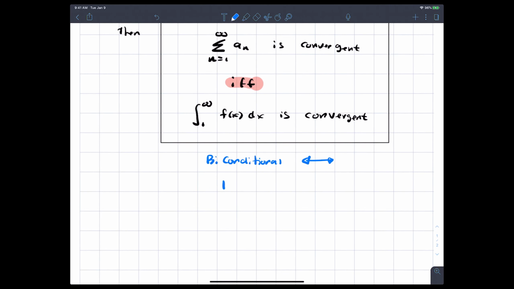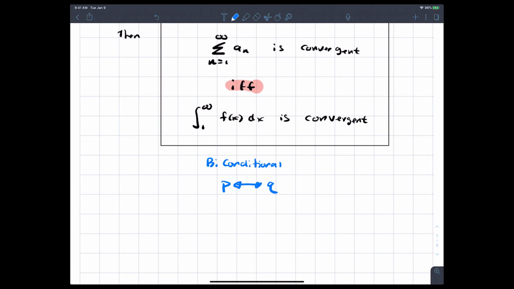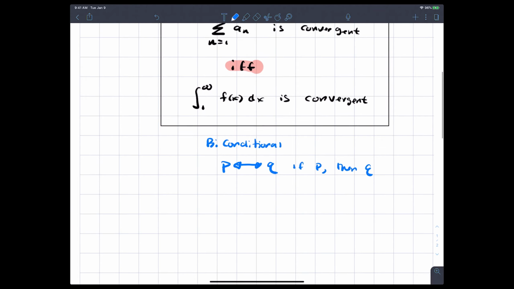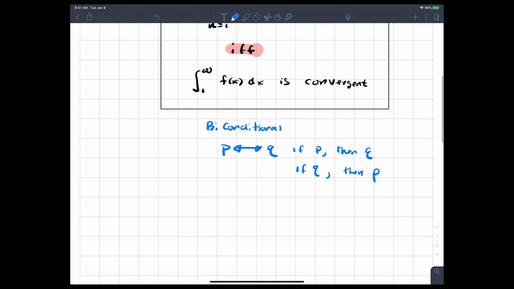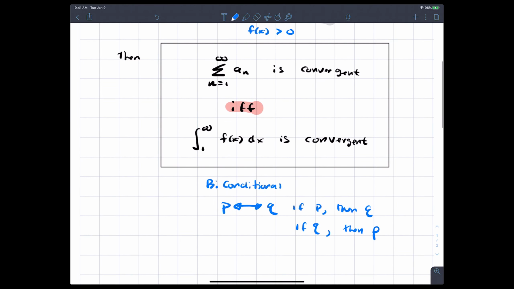Typically you have something like a conditional: if P, then Q. But this goes in both directions, so you also have if Q, then P. It goes in both directions, and that's important. You also have the contrapositive. In other words, this statement is very deep.